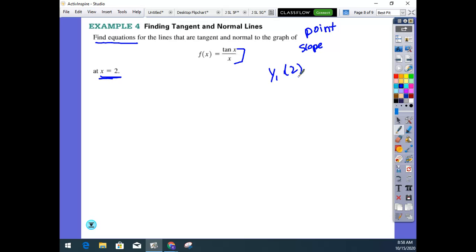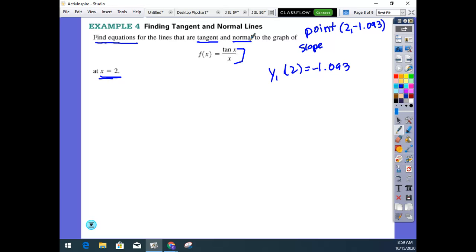So click on y1, hit enter, and then do a parenthesis, then 2, and you're going to get negative 1.093. So the point we're going to use is 2, negative 1.093.